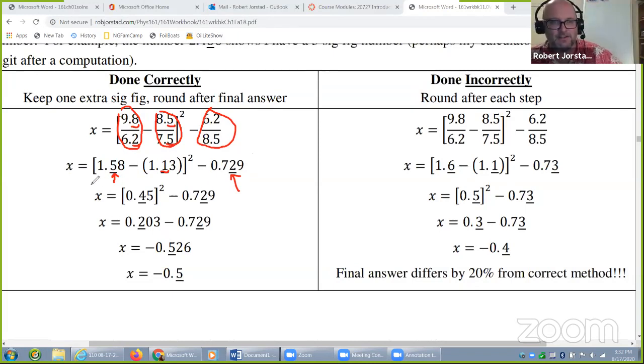So now I'm going to do this subtraction. Rather than try and do that in my head, I'm literally going to write it like this. Sorry, it's so slow. And anytime I do one of these problems where I have to keep track of sig figs, I literally write it out.